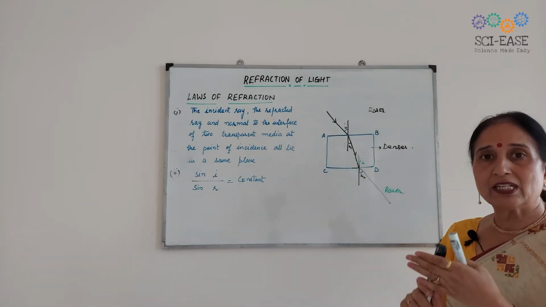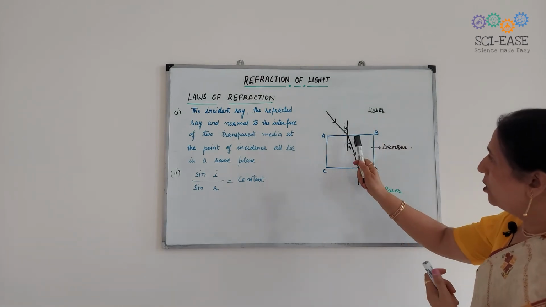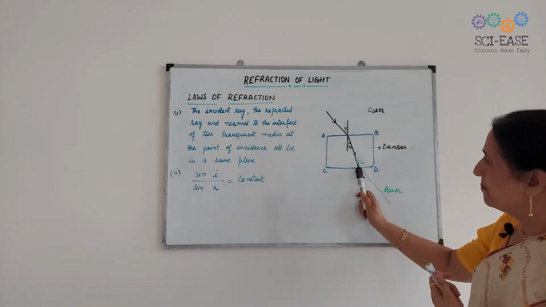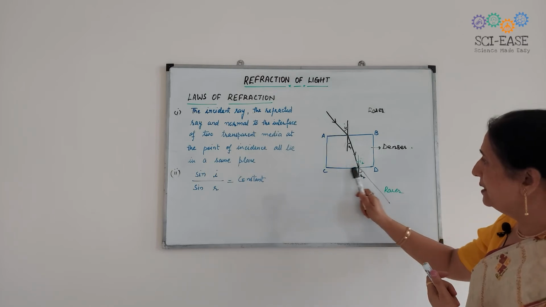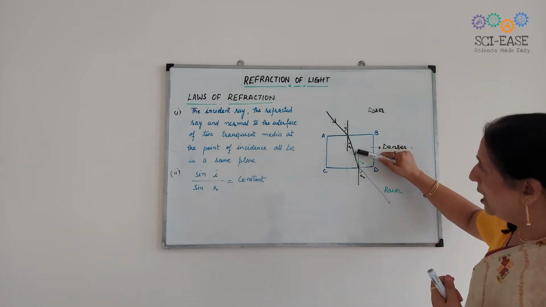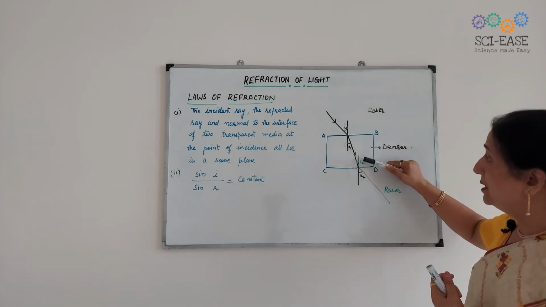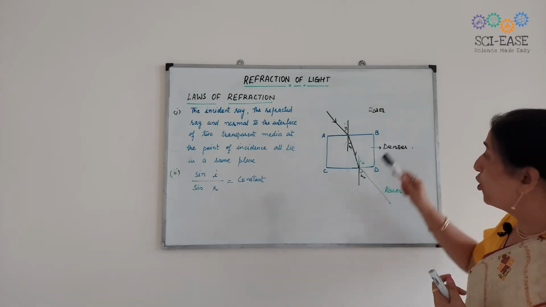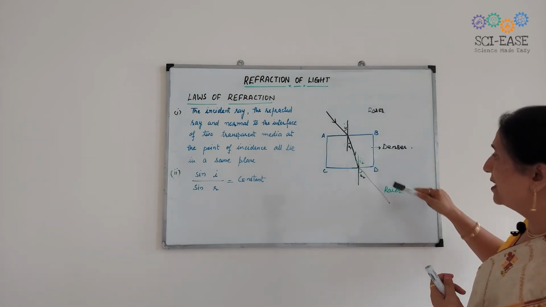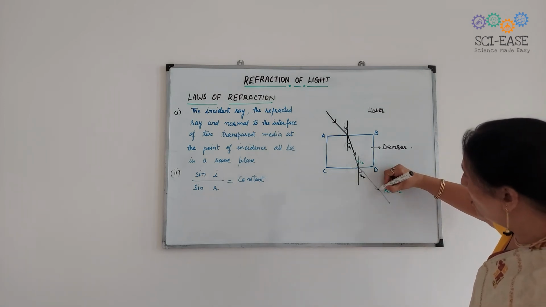Now it will strike the CD face, and this ray will become the incident ray, and it passes from denser to rarer, so it will bend away from the normal.